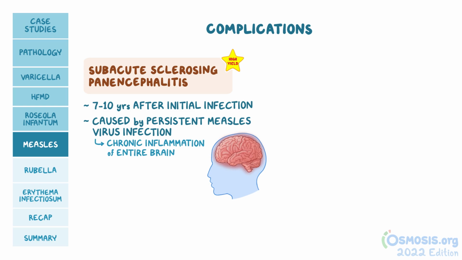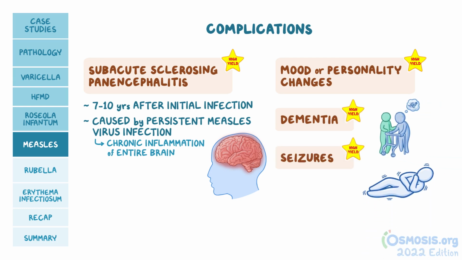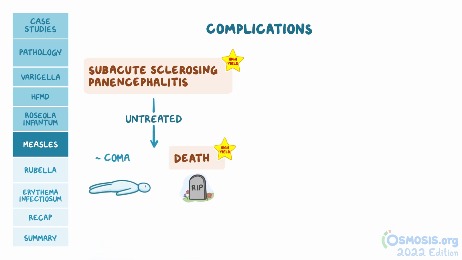The symptoms of SSPE are initially pretty subtle, like mood or personality changes, but eventually symptoms can become more severe, leading to dementia and seizures. If left untreated, subacute sclerosing panencephalitis may lead to coma and death.